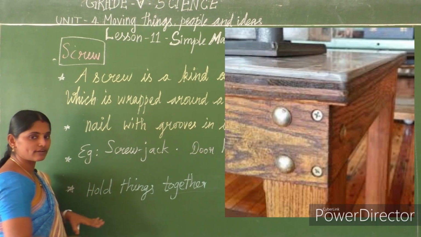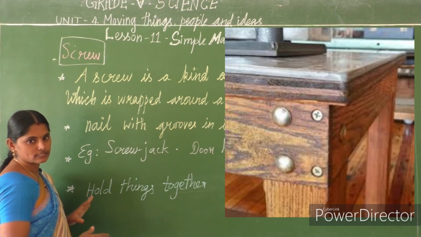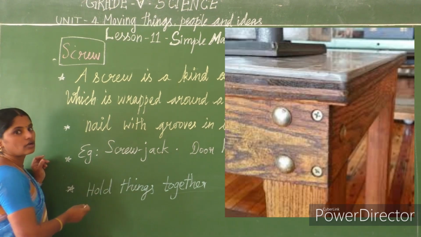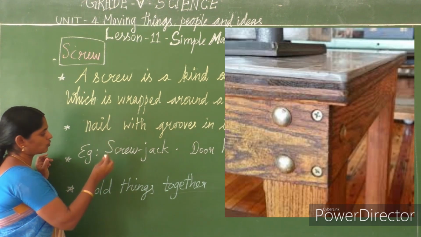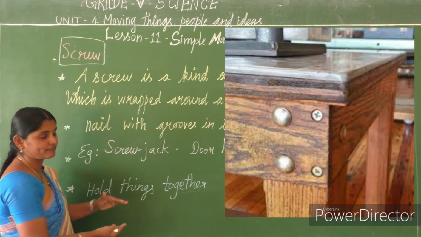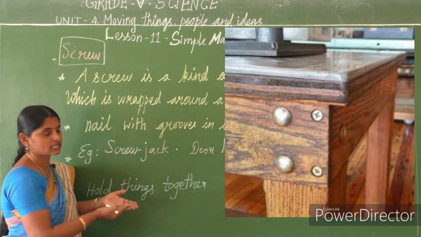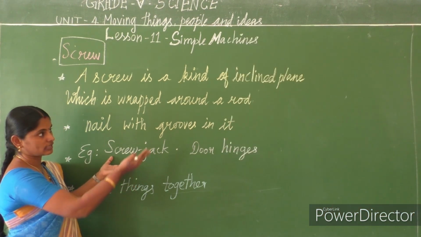So we'll have fixed benches, isn't it? Where else is the screw working? In the screw jack, to lift heavy objects. A screw jack is used to lift a car.